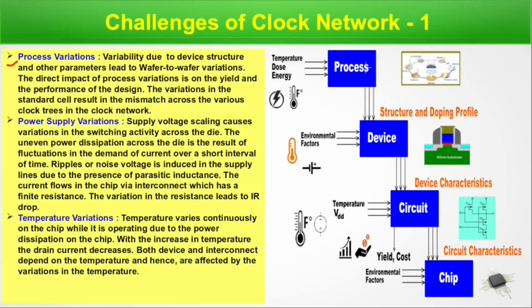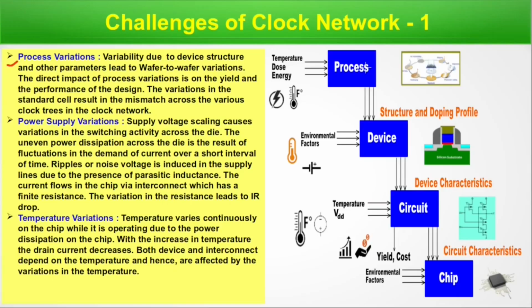As we know that ICs or chips or devices are manufactured in batches. And even if we try our hardest, no 2 batches or no 2 wafers, or even, as a matter of fact, no 2 dies within the same wafer are absolutely identical to each other. There is some variation in dose, in energy and temperature during a process.